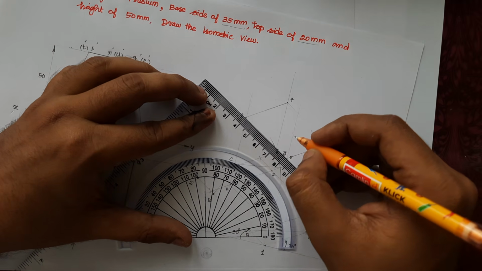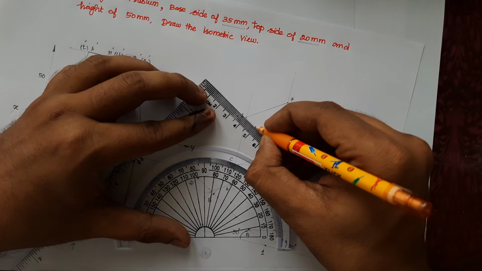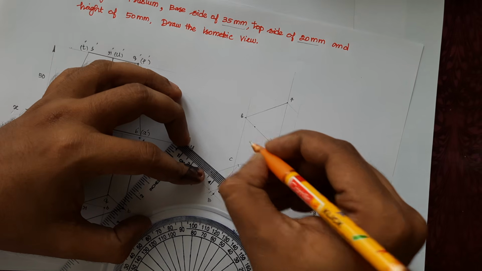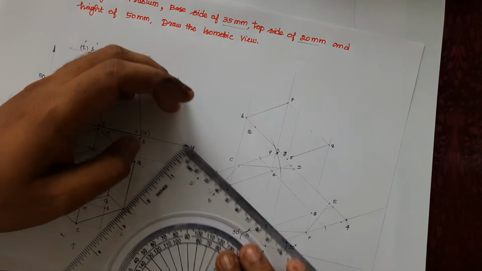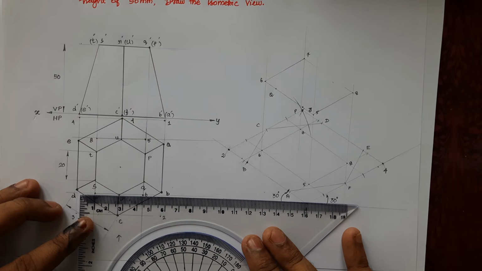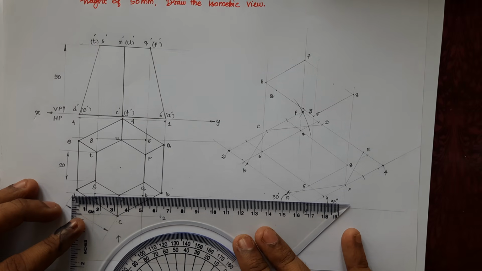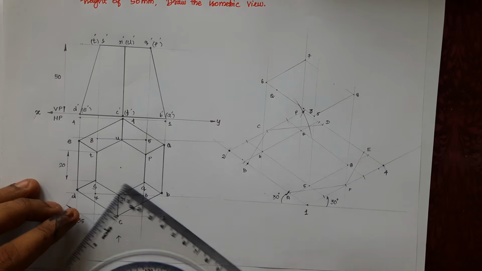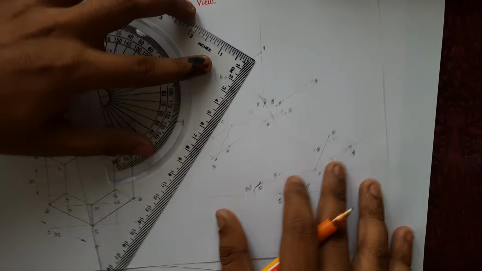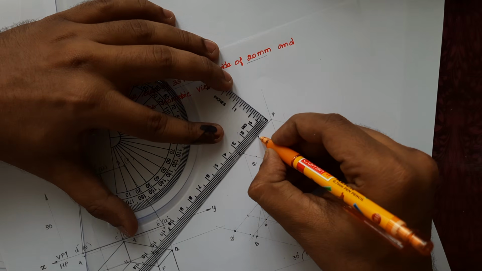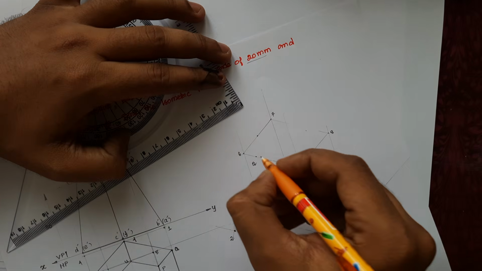These points are P and Q. So in the 6, 7 line, point R is 17 mm away. That is point R.